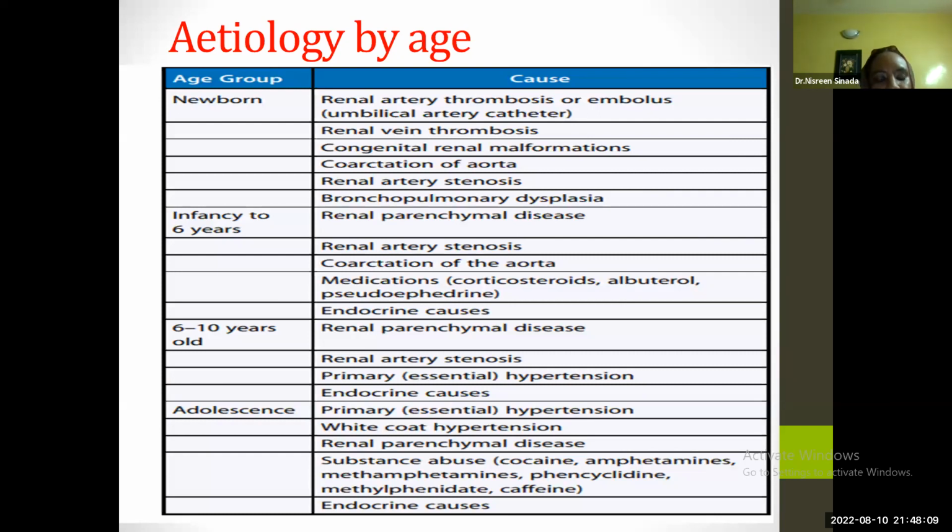In adolescents, the most common cause is primary or essential hypertension, especially in our era now that obesity is common, and white coat hypertension, so you should measure the blood pressure, and then you can do automated blood pressure measurement, and renal parenchymal disease and substance abuse like cocaine, amphetamine, and caffeine, and endocrine causes.